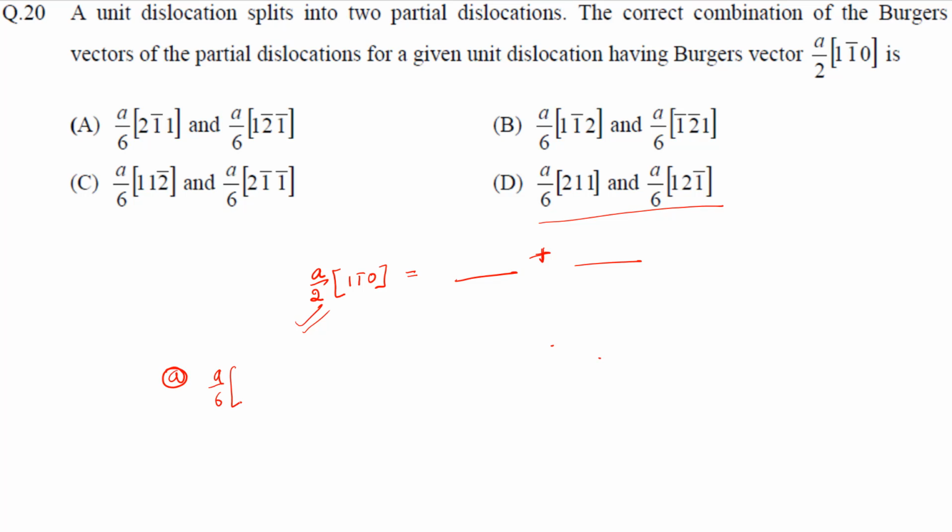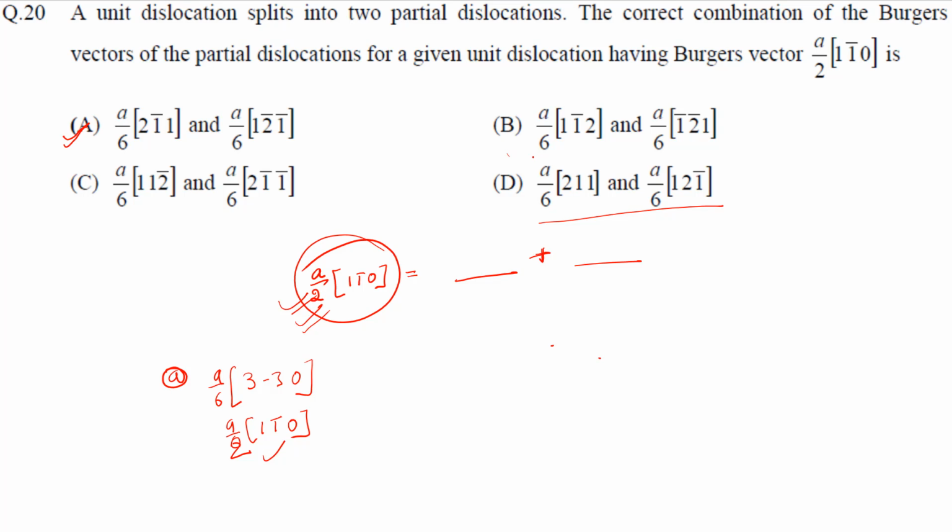So a by 6, 3 minus 3, 0, right? So it will be a by 6, then a by 2, 1, 1 bar, 0. Okay, so this matches with what we have, right? So I think the answer is clear. Option A will be the answer.